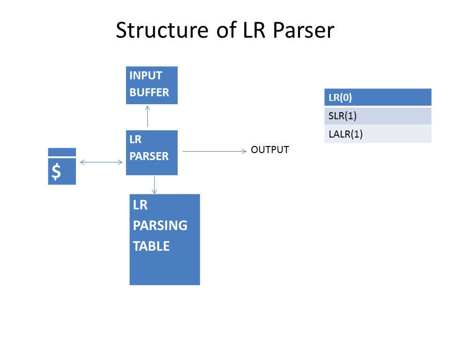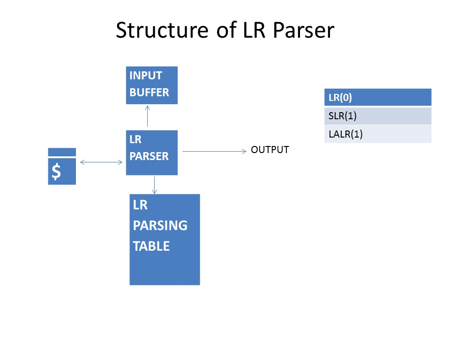So again I repeat, the leftmost box is the stack. The stack contains the dollar symbol. From the stack it goes to the LR parser, and the LR parser again contacts the stack, the LR parsing table and the input buffer, and finally the LR parser produces the output.